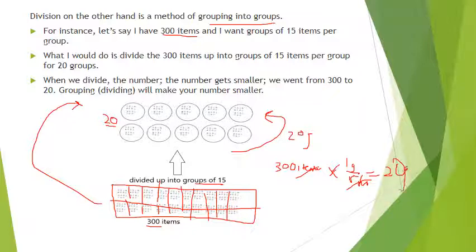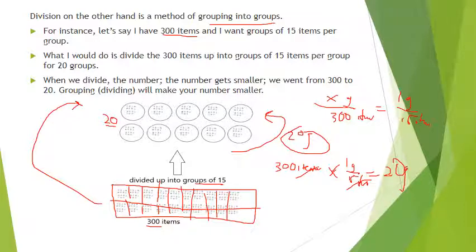So here's the grouping method, and here's dimensional analysis. For the ratio method, you would say X groups over 300 items has to equal 1 group over 15 items. Then solve for X, and again it's going to be 20 groups.